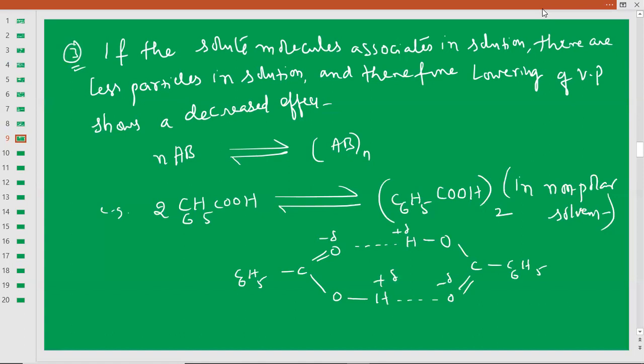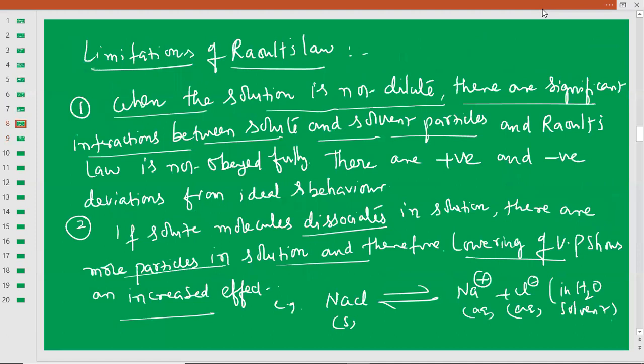So because of this one, we can say association takes place, and there are less particles in solution. Lowering the vapor pressure effect is decreased in this case. Definitely, Raoult's law is failing in these cases. Association should not take place, dissociation should not take place.